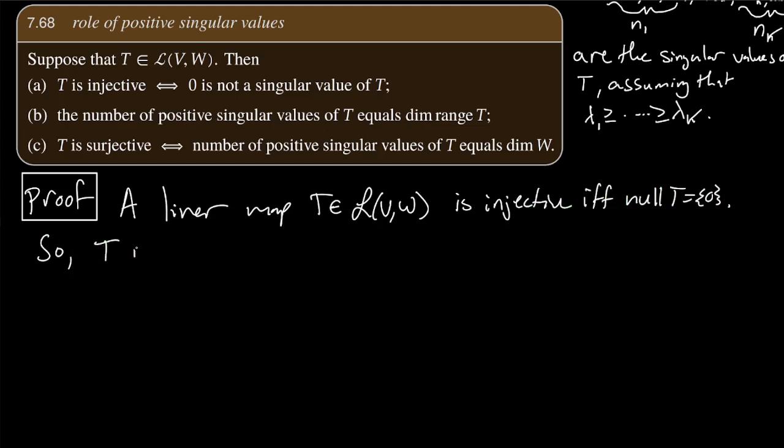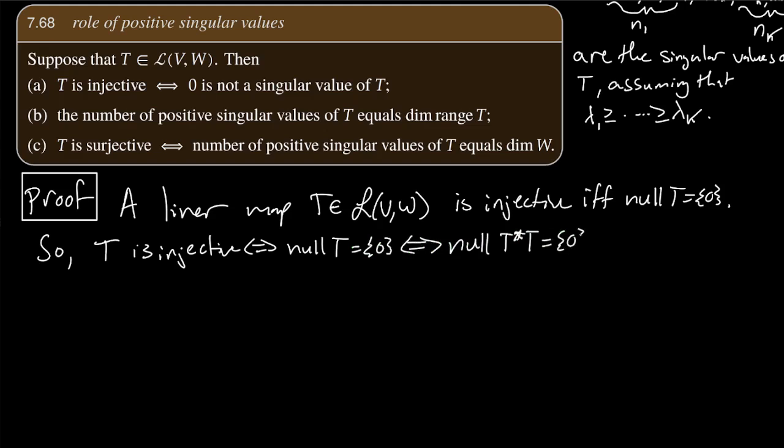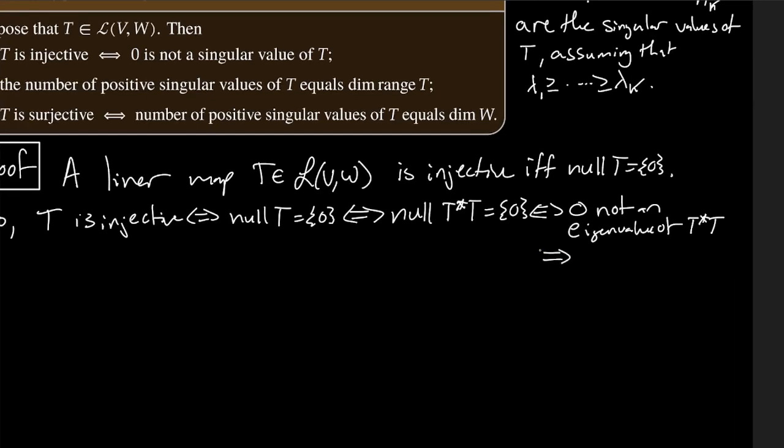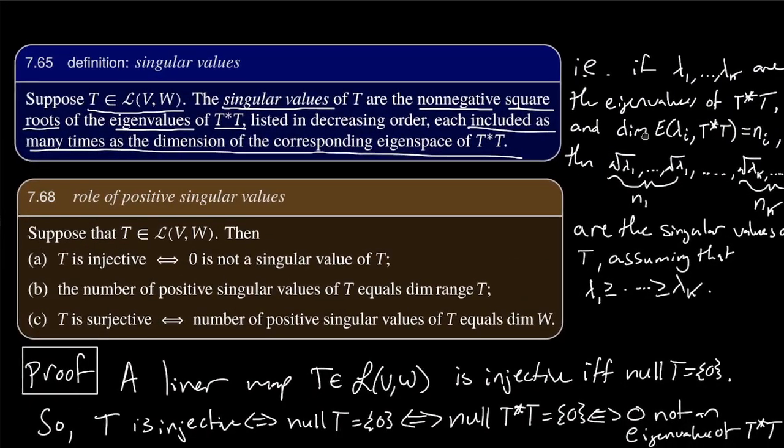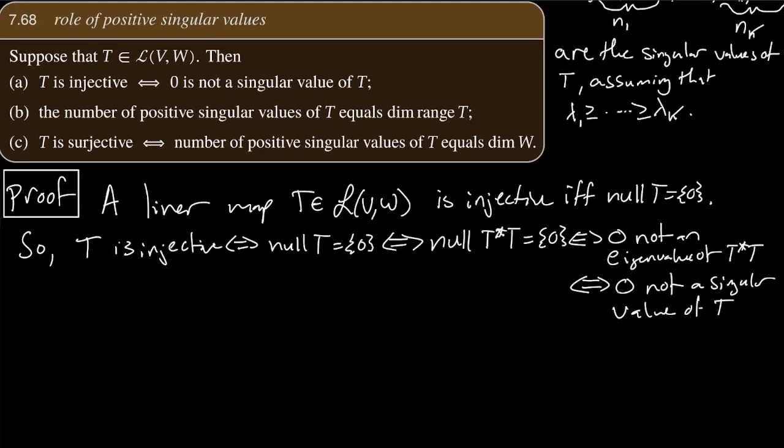So T is injective if and only if null T is trivial, but that holds if and only if the null space of T star T is also trivial, which says 0 is not an eigenvalue of T star T. And that's only true if 0 is not a singular value of T, since after all, the singular values are the square roots of the eigenvalues of T star T. So if T star T does not have 0 as an eigenvalue, T can't have 0 as a singular value.